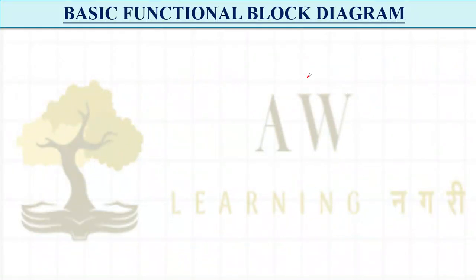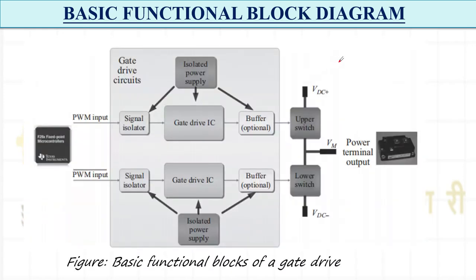Now the basic functional block diagram of the gate drive. So what does the gate drive include? This whole circuit represents the gate drive circuit. Only the gate driver IC is not the gate drive circuit. There are other parts which are also part of the gate drive circuit.